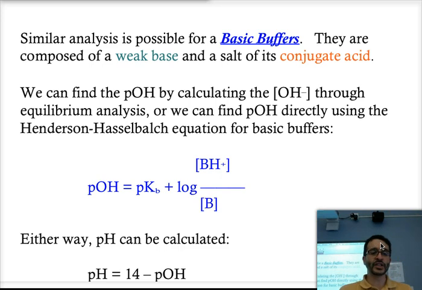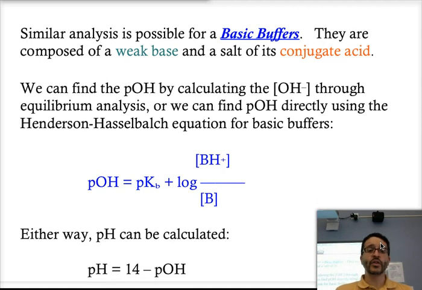So pOH is equal to pKb plus the logarithm of the conjugate acid over the base. Notice that always in the Henderson-Hasselbalch equations, the conjugate goes on the top and the original acid or base goes on the bottom. Then because we want to find out pH, once we have pOH, we do 14 minus pOH to find the pH.